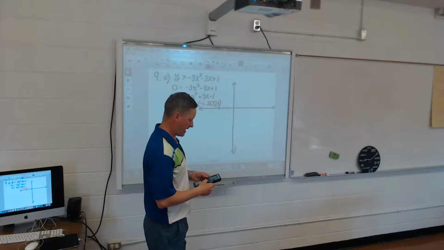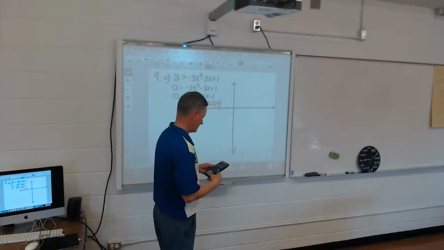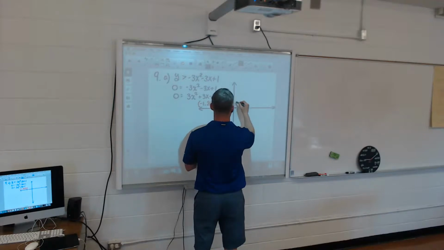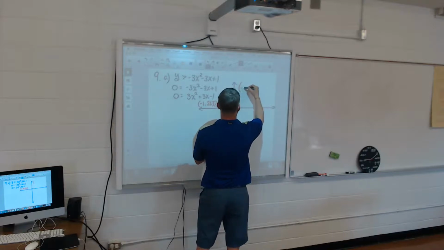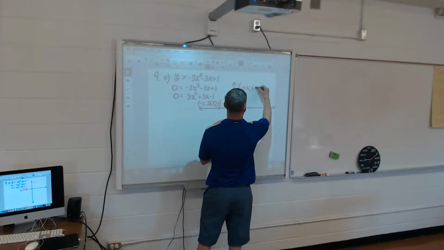Actually, I'm going to find my vertex first using maximum. So my maximum is right there. That is negative 0.5 and 1.75.